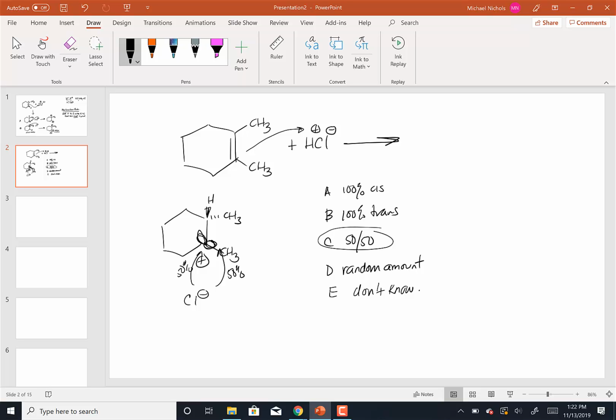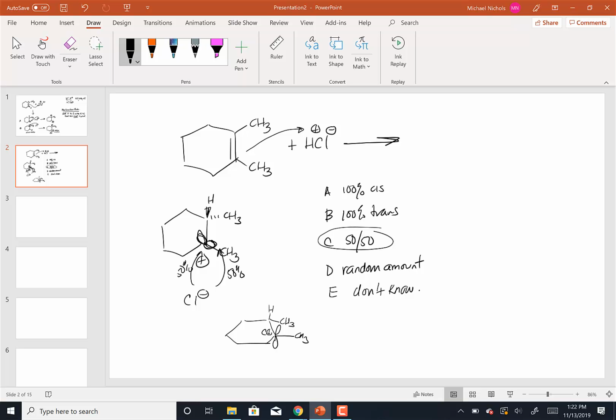If you don't like that, we could write a flat cyclohexane on its edge, and we could say, well, we added the hydrogen here, the methyl group is there, but then there is my carbocation with my CH3 here. And so where will the chloride add? 50% from the top, 50% from the bottom.